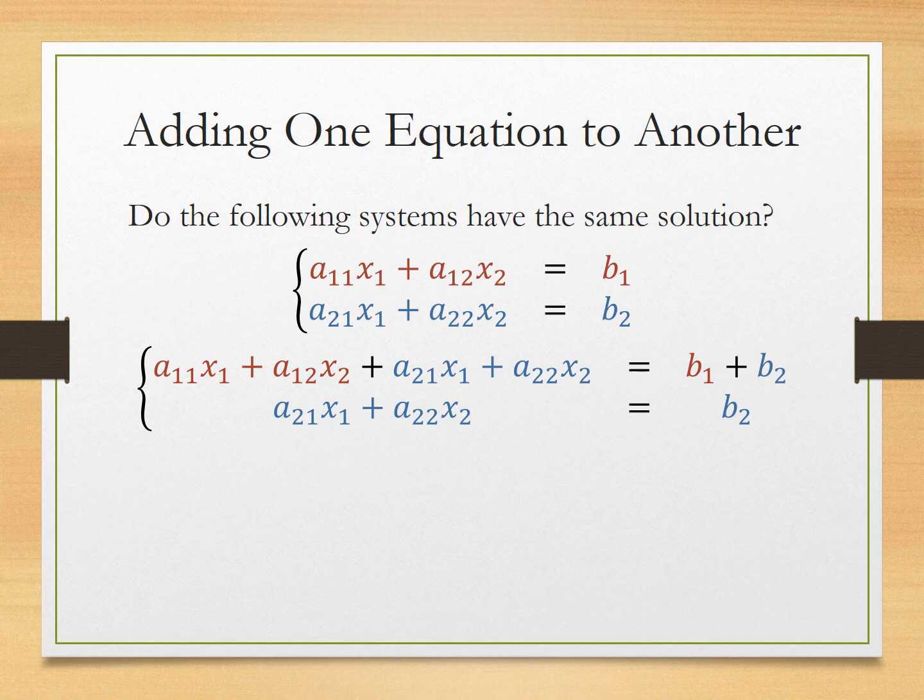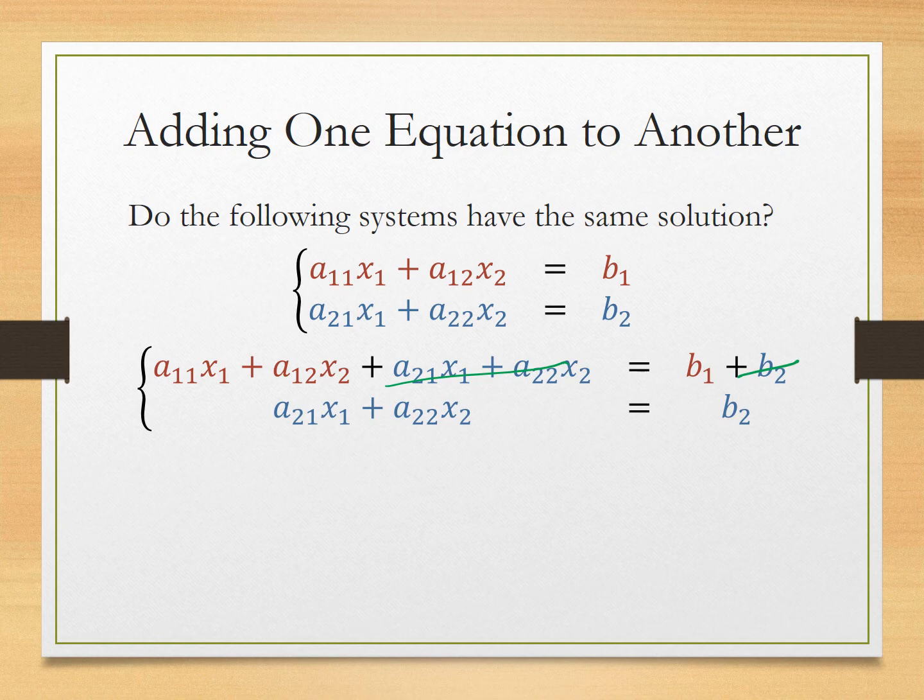Now, once again, let's think about it. Given that a21x1 plus a22x2 equals b2, that's the second equation, right? Given the second equation, and if you look at the first equation, you can cancel out what I add, and you would get back the original system.